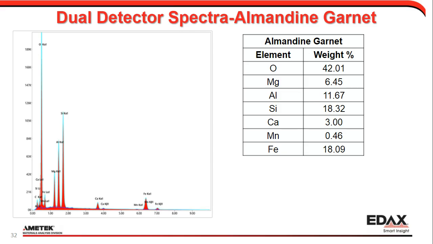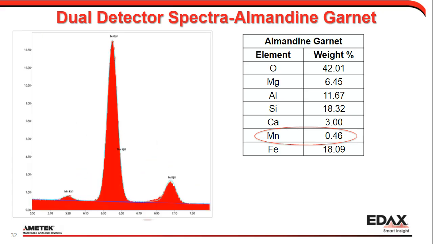Where the statistics really start to matter, though, is when we start to look at trace elements. So if you look at this manganese peak, note the height of the iron relative to the oxygen and silicon signal. And now we're going to zoom in on the iron peak, and now note the height of the manganese peak relative to that iron peak.